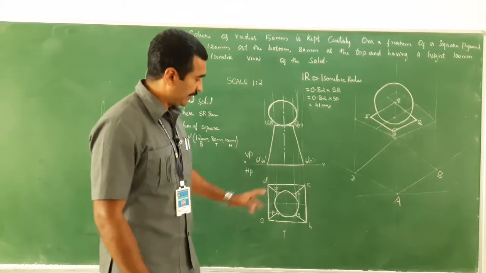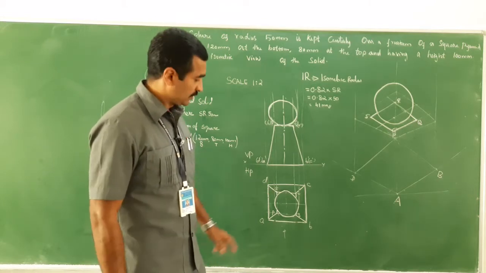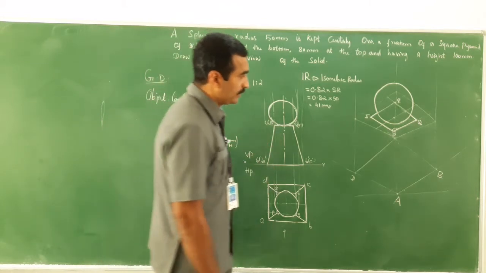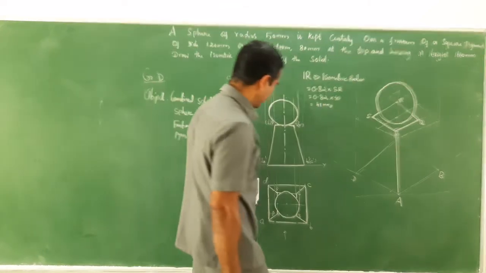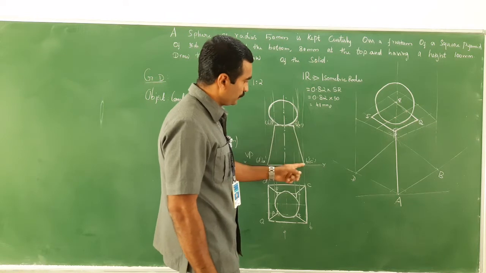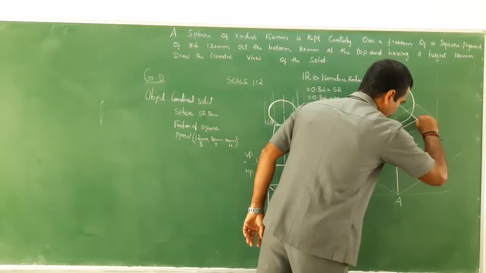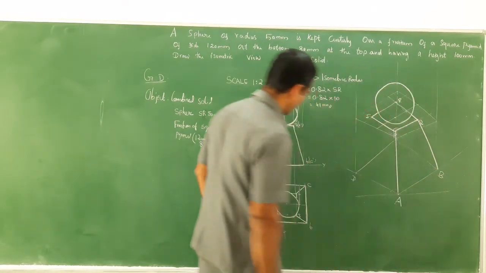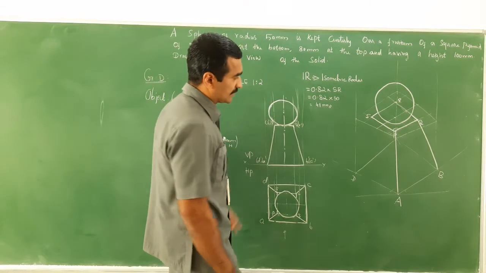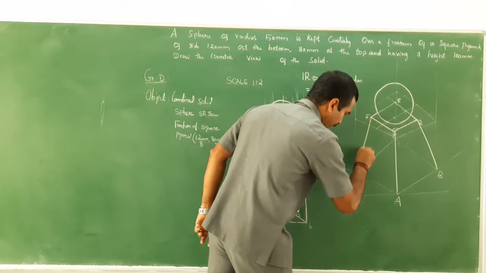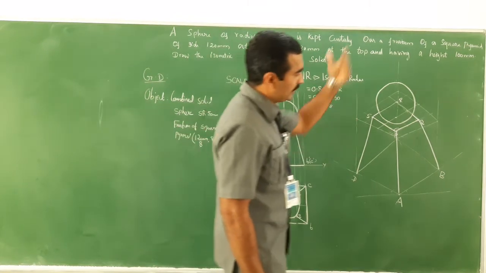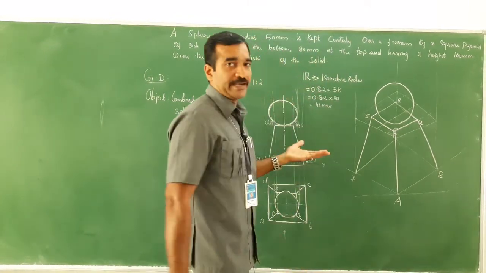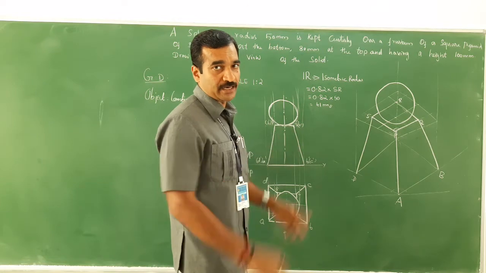Now connect the slant edges. A, P, connect it. Next, B, Q, connect it. Next, D, S, connect it. Next, RC is just behind it, so there is no need to show the dotted line.